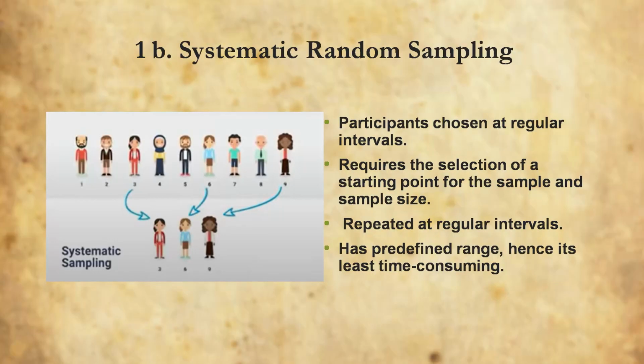In the systematic random sampling method, the participants are chosen at regular intervals, and it requires the selection of a starting point for the sample and the sample size. It is repeated at regular intervals and has a predefined range, hence it is least time consuming. Say, for example, I'm trying to understand the behavior of students participating in online education.